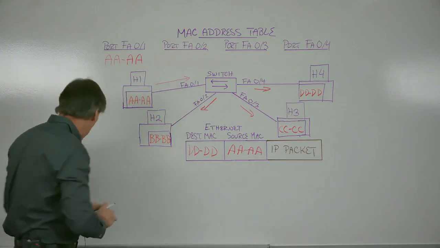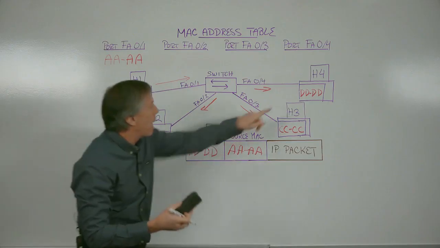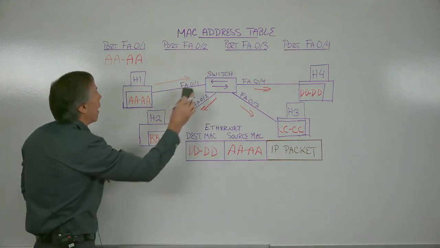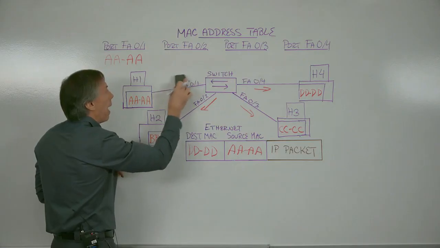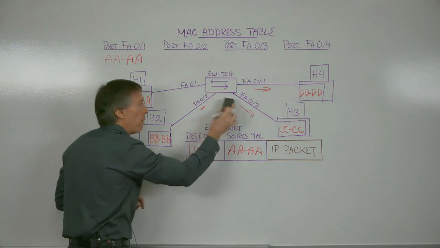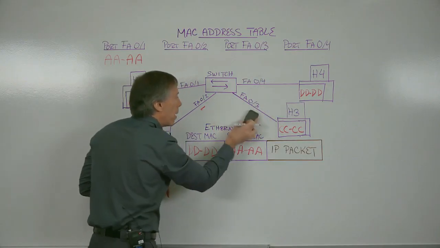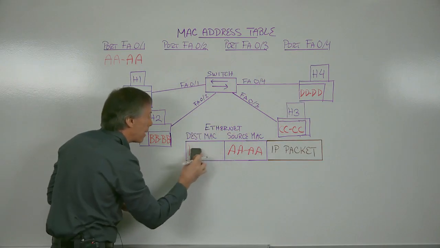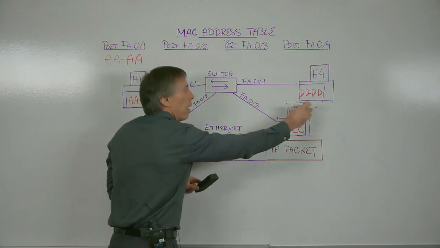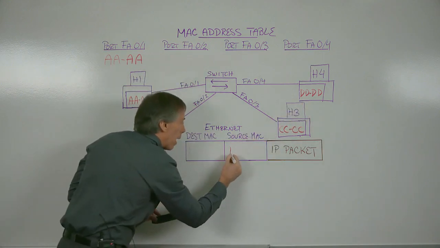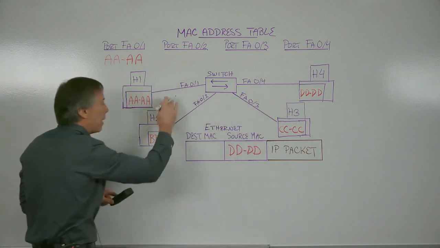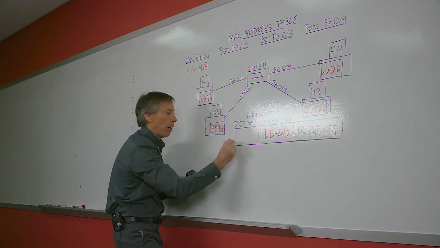Now let's see what happens when DDDD sends an Ethernet frame back to AAAA, or H4 sends an Ethernet frame to H1. Okay, so in this case, we have H4 as the source, and the destination is H1.